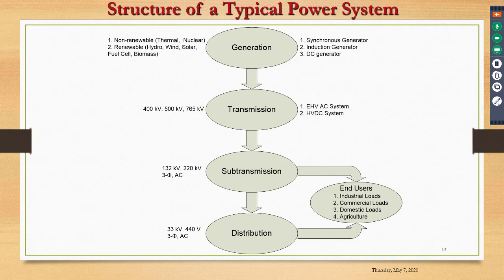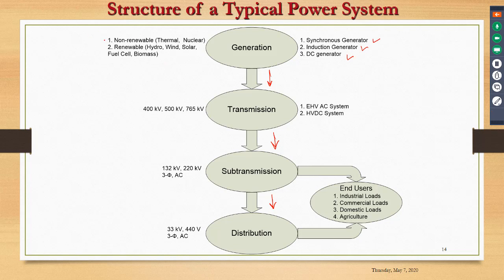Now we can see the structure of a typical power system. It goes from generation to transmission, then to the sub-transmission level, and then to the distribution level. In the generation part, the technologies used are synchronous generator, induction generator, then DC generator.